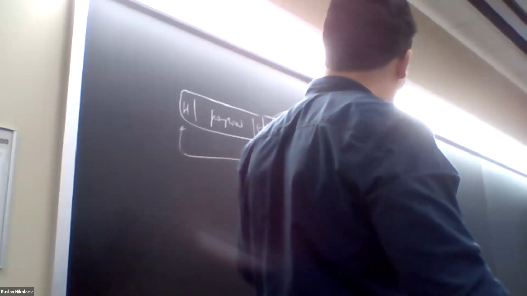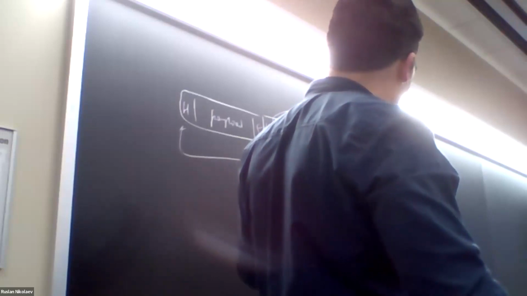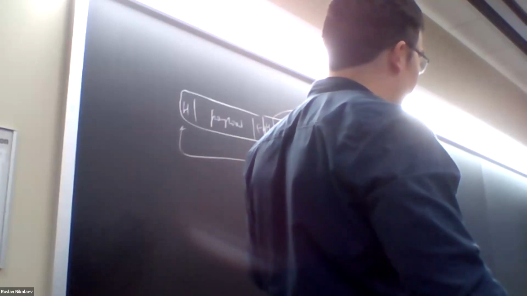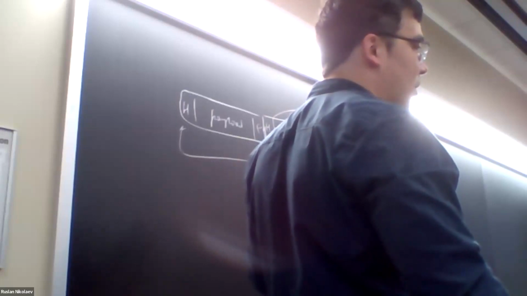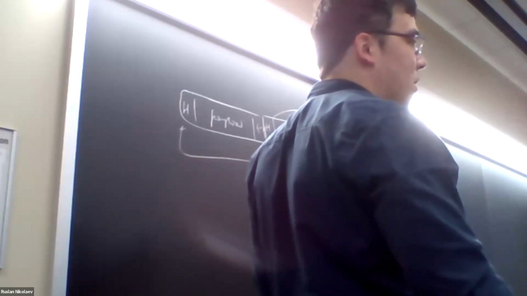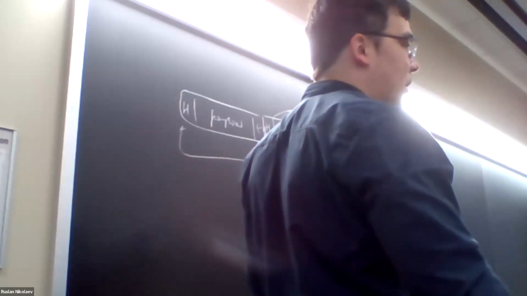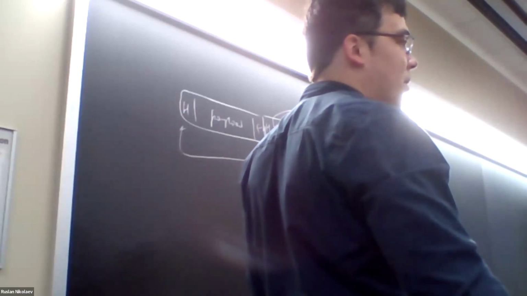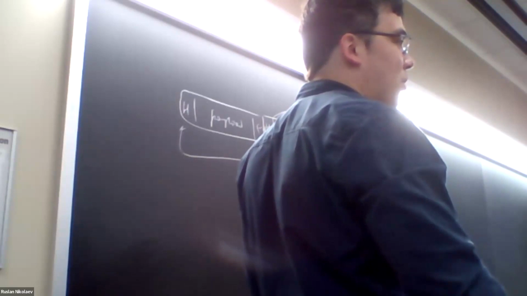But the footer is a different story, right? For the footer, we only need to have it if the block is free, fundamentally. If the block is allocated, I don't need to know its size.